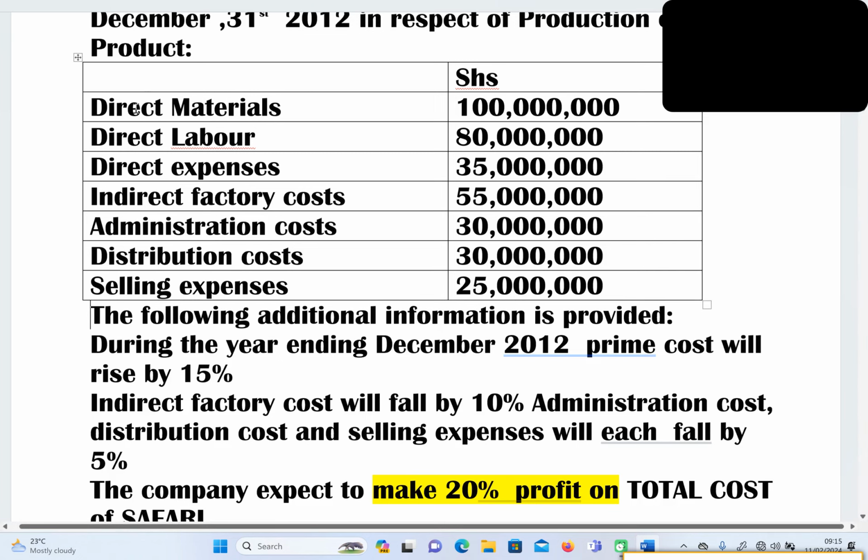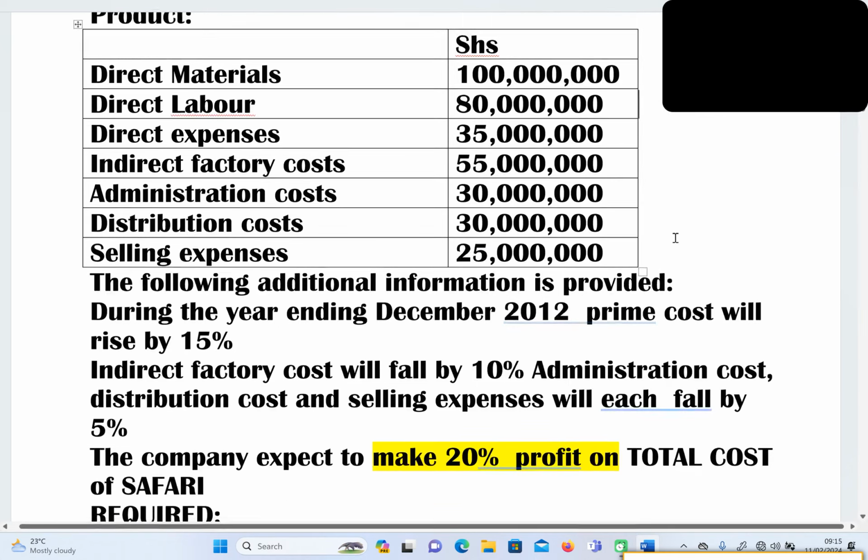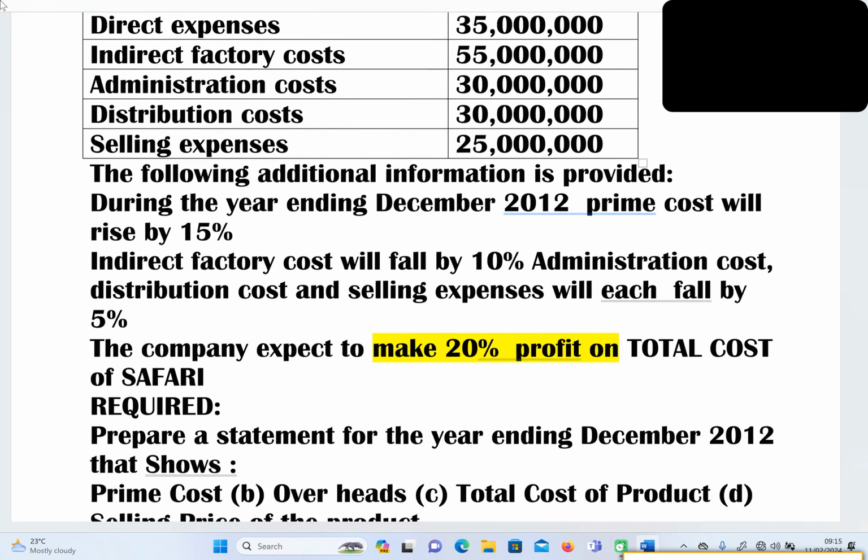We have direct material, direct labor, direct expense, indirect factory cost, administration cost, distribution cost, and selling expense. Then it says the following are additional information.